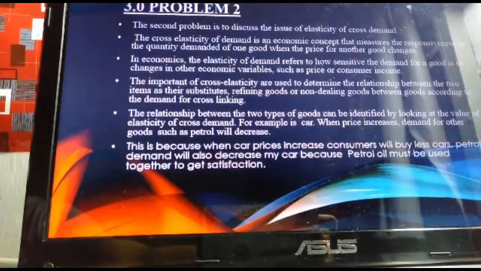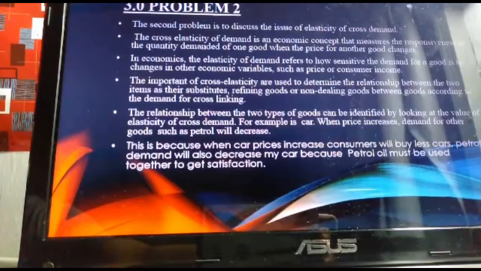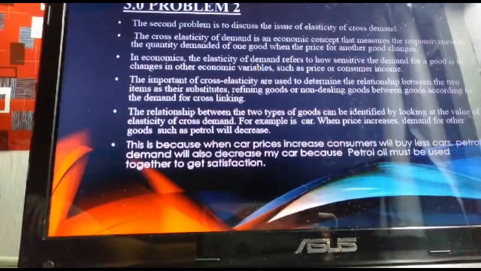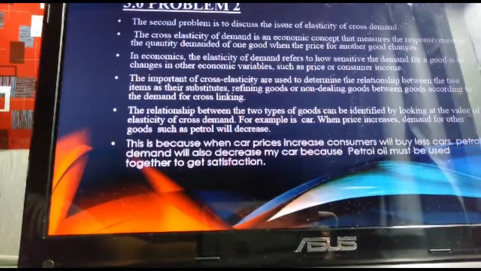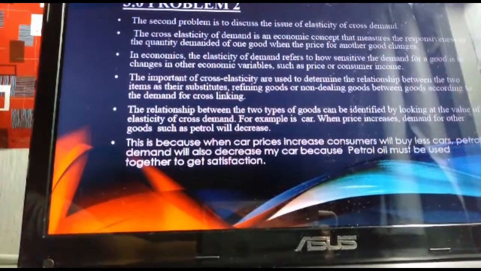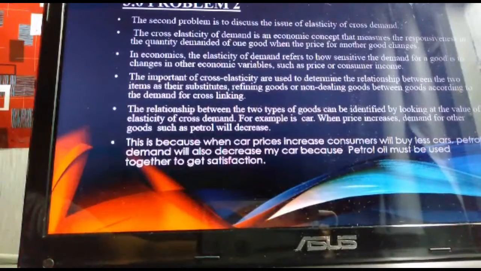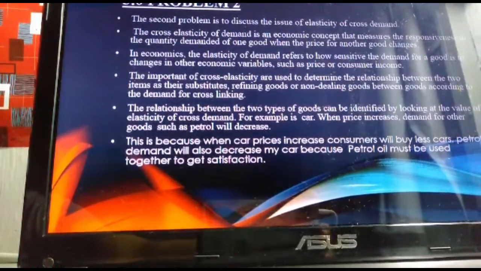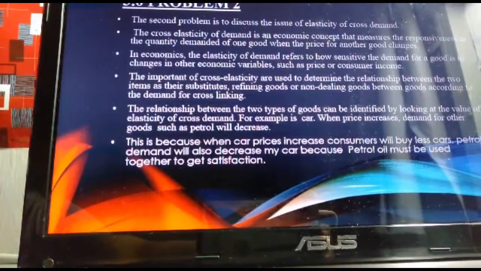The importance of cross elasticity is that it is used to determine the relationship between two items, as substitutes, complementary goods or unrelated goods, according to the cross elasticity of demand. The relationship between the two types of goods can be identified by looking at the value of the cross elasticity of demand.